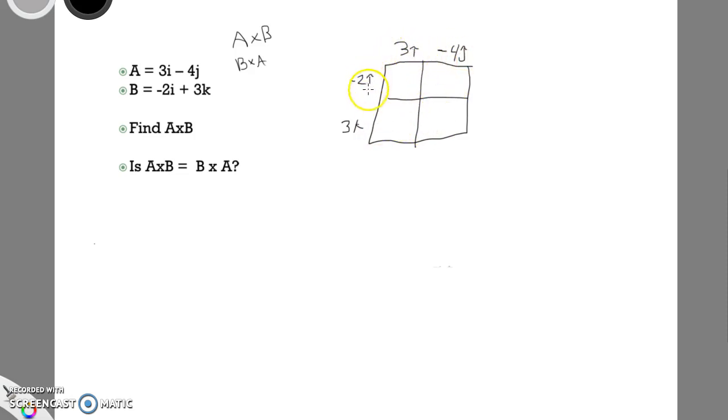Okay, so 3i times negative 2i will become negative 6i squared. Okay, negative 4j times negative 2i is positive 8ji. Okay, and 3i times 3k becomes 9ik, and then finally negative 4j times 3k becomes negative 12jk.